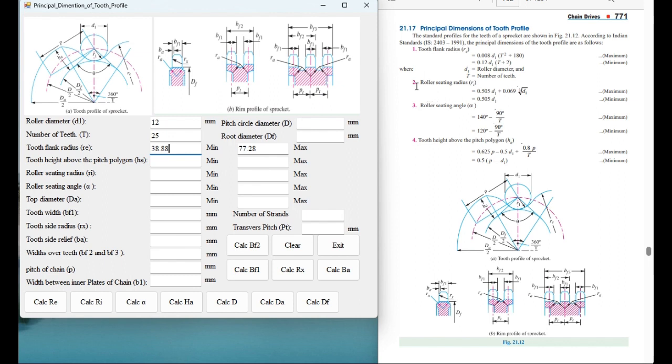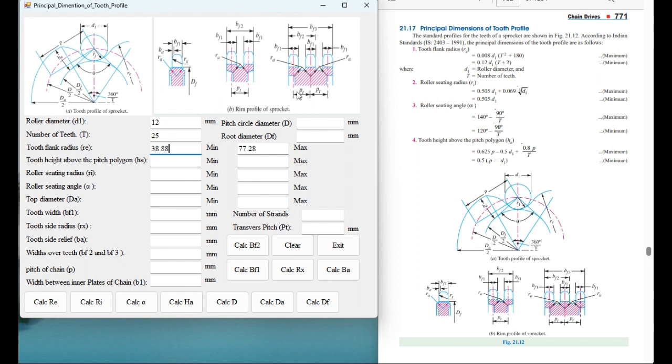Then we can also calculate the roller seating radius, or RI. RI is equal to 0.505 d1 plus 0.0069 d1. This is the maximum value, and this is the minimum value, 0.505 d1.